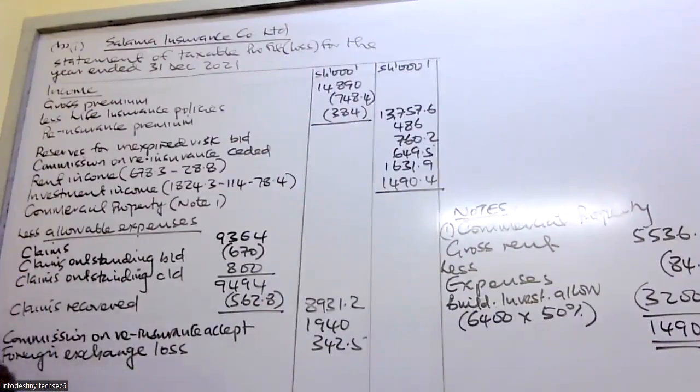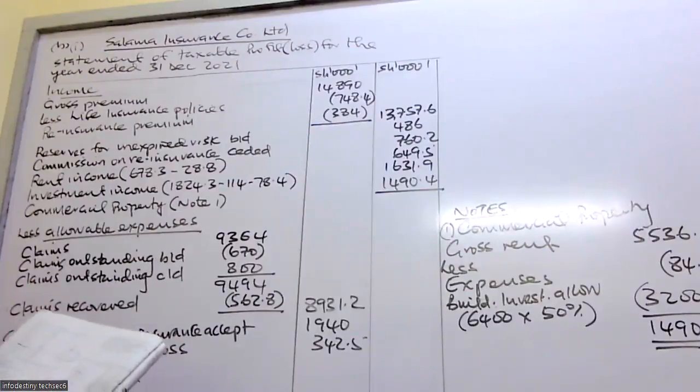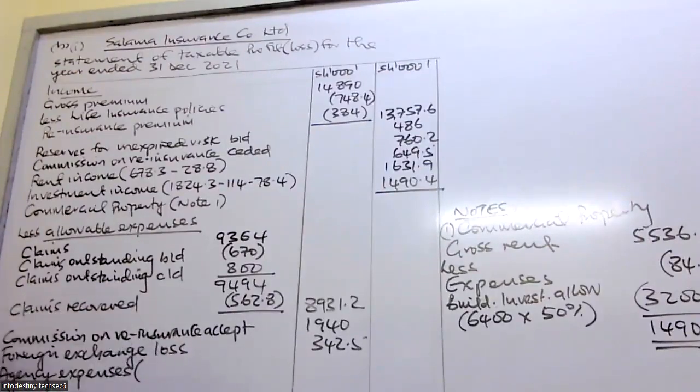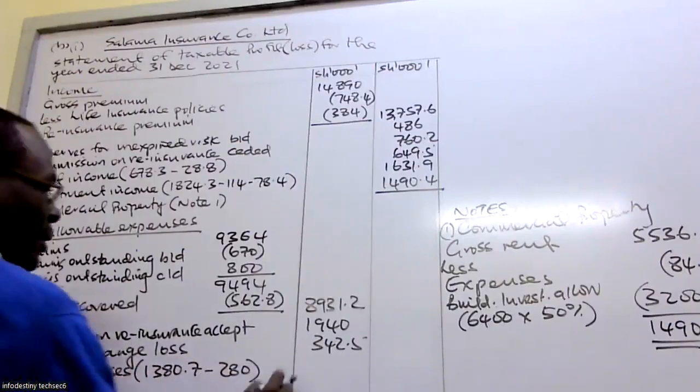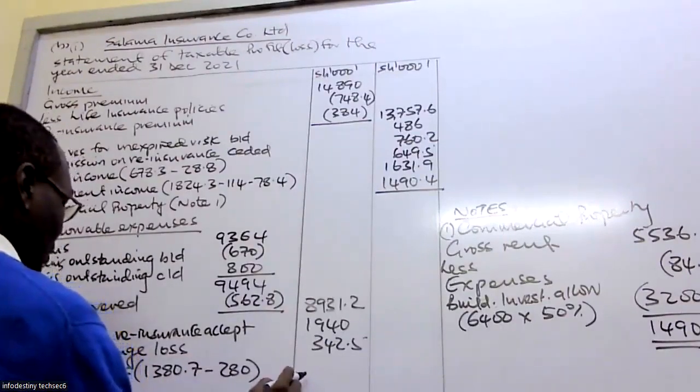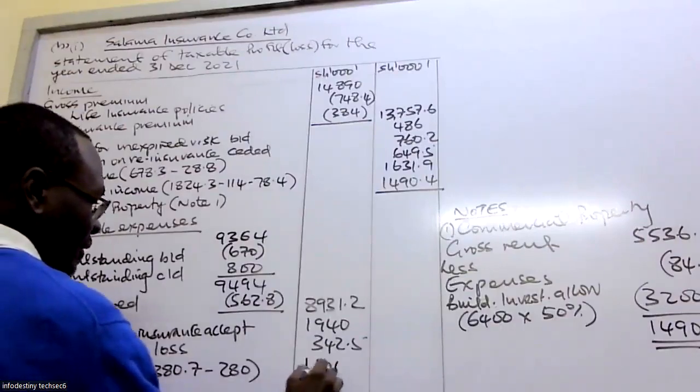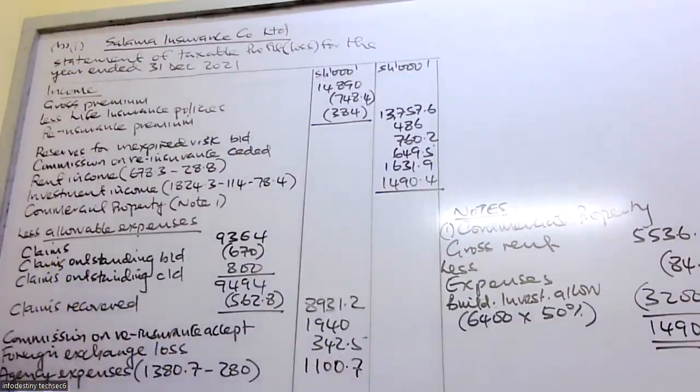So agency expenses will pick 1380.7. 1380.7 less 280 will give us 1100.7. These are agency expenses.